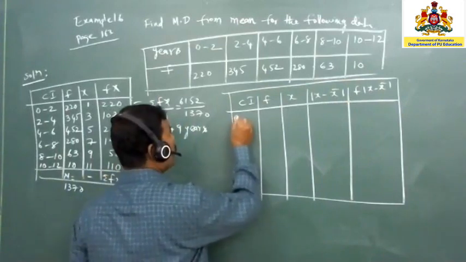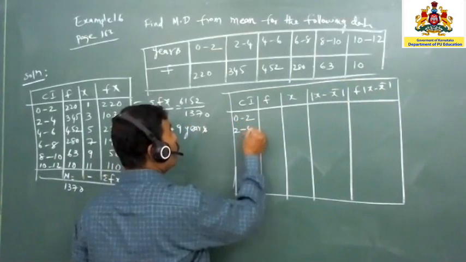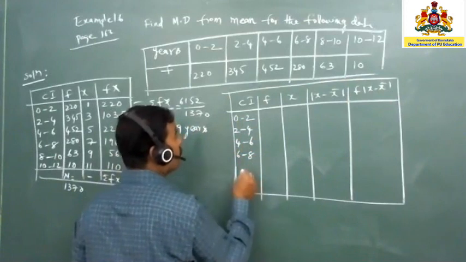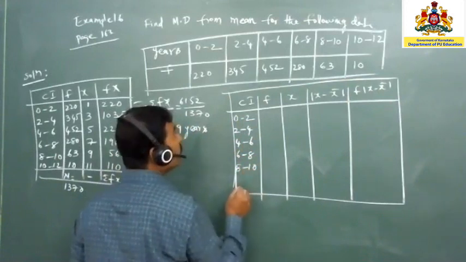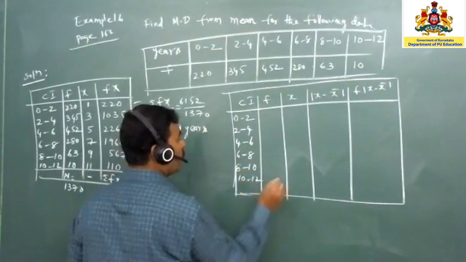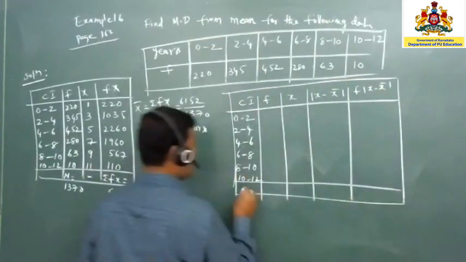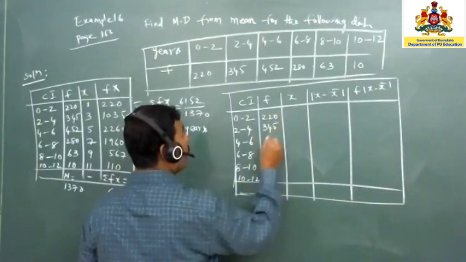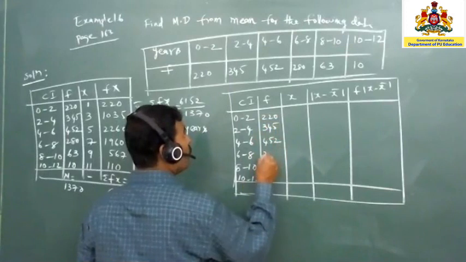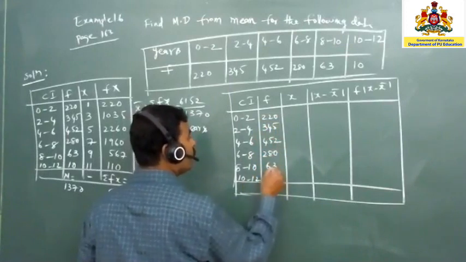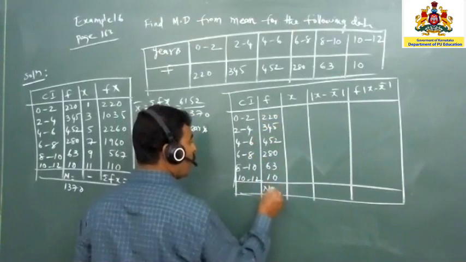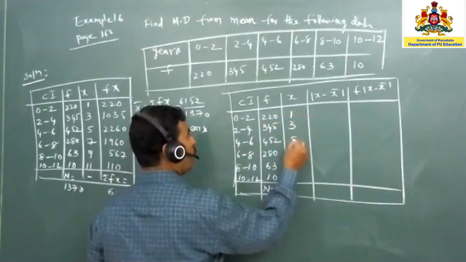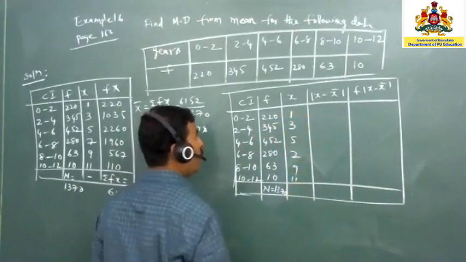Class intervals 0 to 2, 2 to 4, 4 to 6, 6 to 8, 8 to 10, 10 to 12. Frequencies 220, 345, 452, 280, 63, 10. N equal to 1370, midpoints 1, 3, 5, 7, 9, 11.